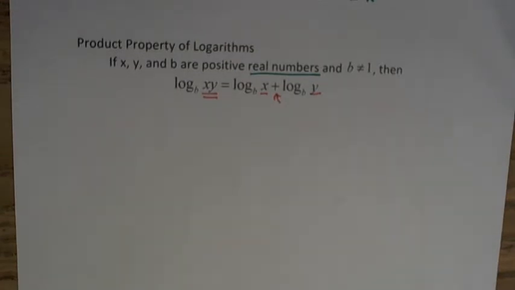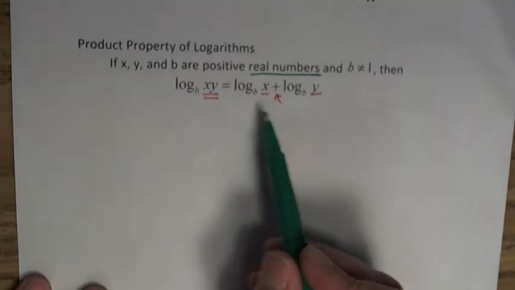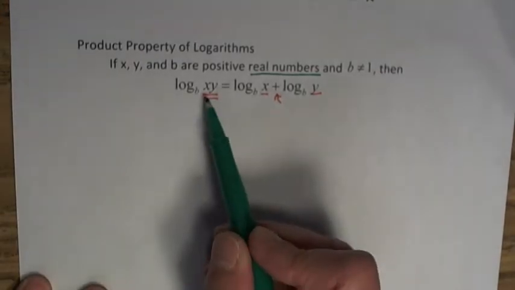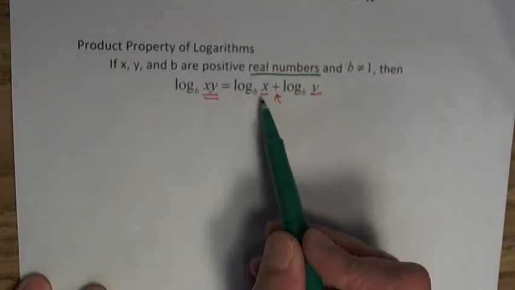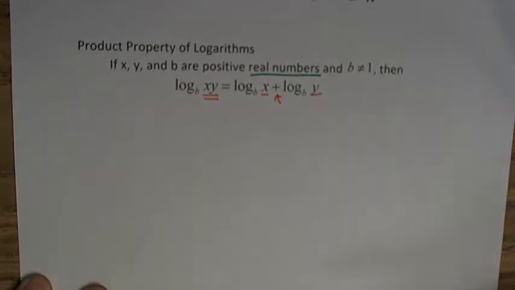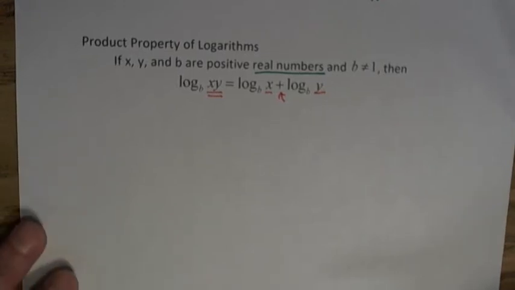Remember that these represent exponents, and so we have multiplication here, and then we end up adding those exponents together. Where have we seen that before? Well, that happens in one of our rules of exponents. If we multiply powers with the same base, then we can add the exponents together.